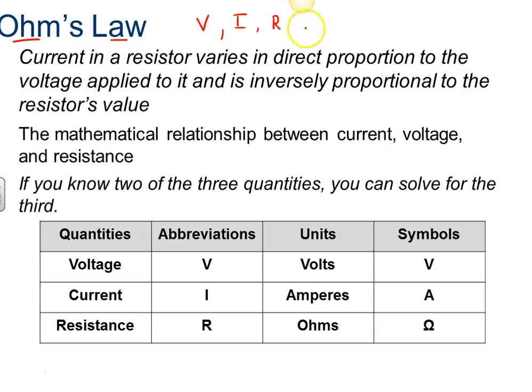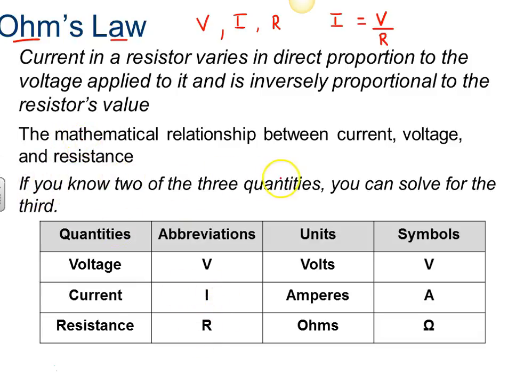Okay, so the current, I, varies in direct proportion to the voltage, V, and inversely proportional to the resistor's value. So I equals V over R. And of course we have our abbreviations. Voltage is V, current is I, and resistance is R.